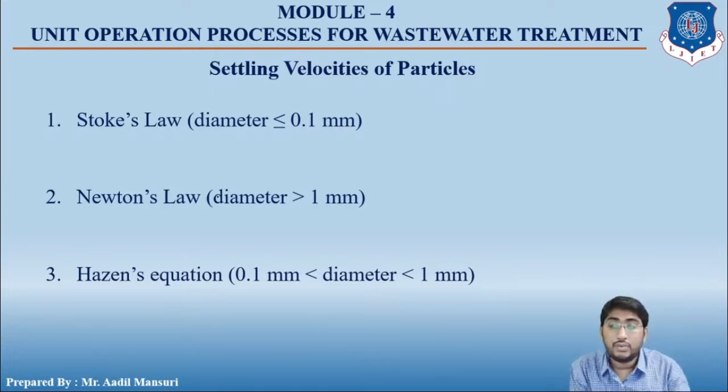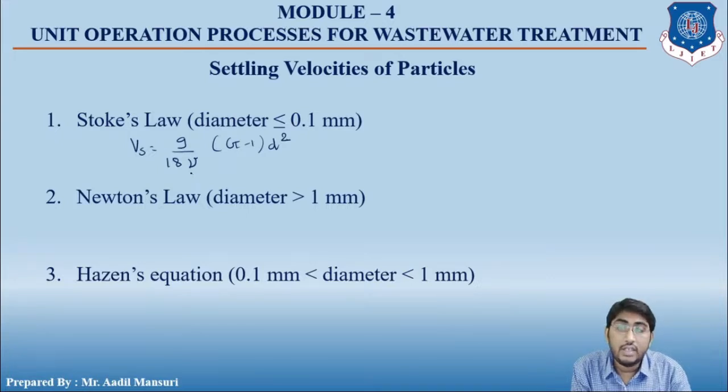The first one is Stokes law, where settling velocity is given by Vs equals g by 18 nu into (G minus 1) into d square, where g is the gravitational acceleration, nu is the kinematic viscosity in centi-Stokes, capital G is the specific gravity and d is the diameter of the particle.